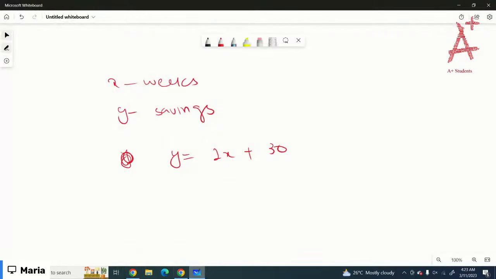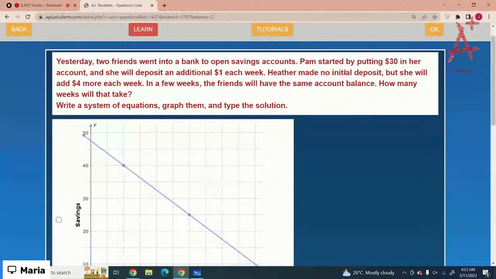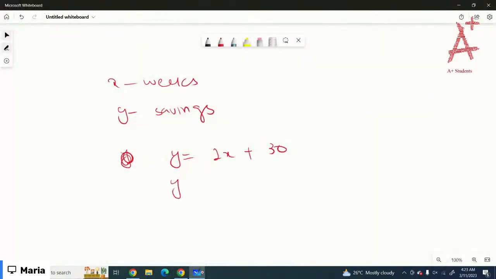And the second equation: Heather made no initial deposit, but she will add $4 more each week. So it is y equals 4x plus 0, because she didn't make any initial savings. So it would be 4x plus 0.